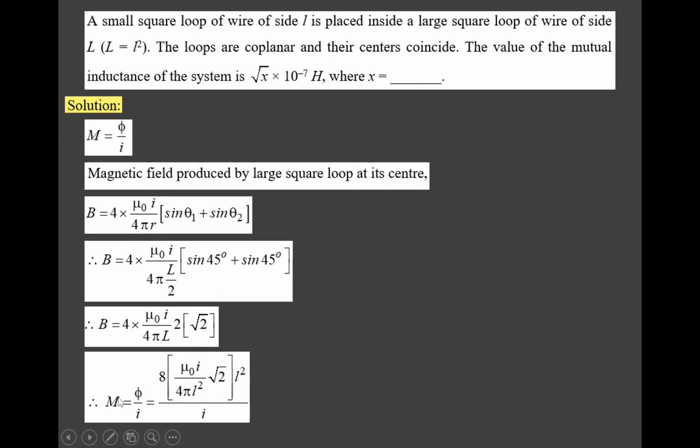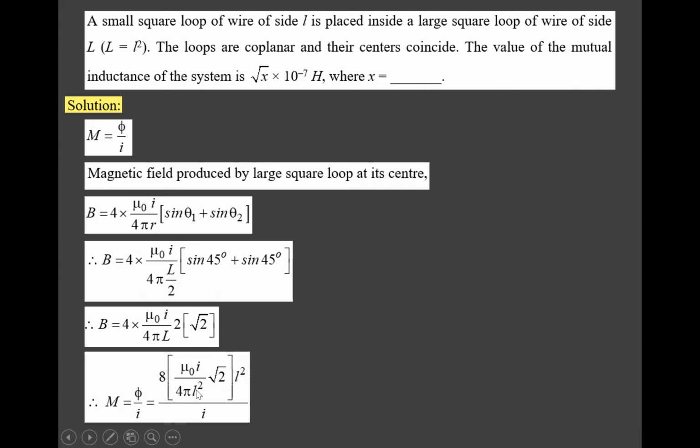So mutual inductance is phi upon I, where phi is the flux associated with the smaller one. The smaller loop has area l square, and the magnetic field is the calculated one, 4 into 2, 8 mu 0 I upon 4 pi L. Now capital L is given to you equal to small l square.